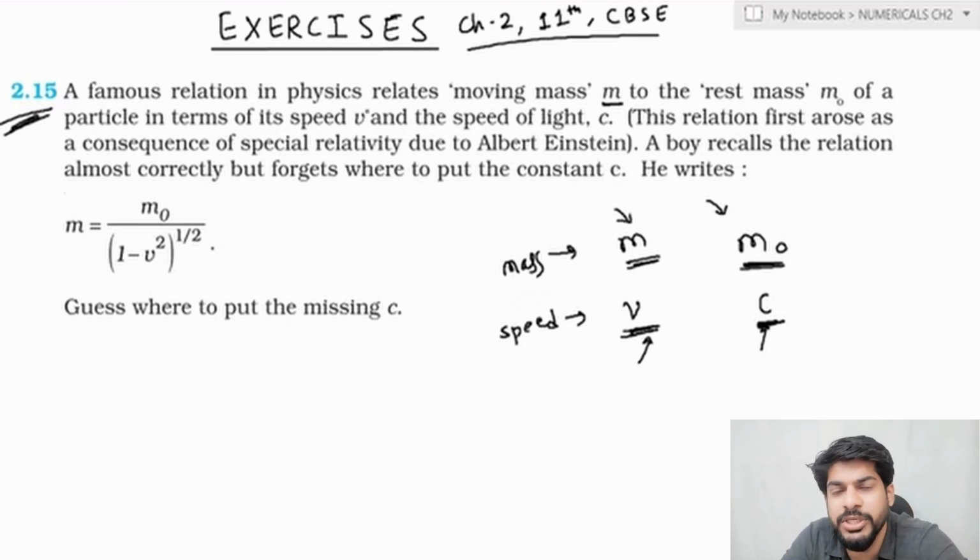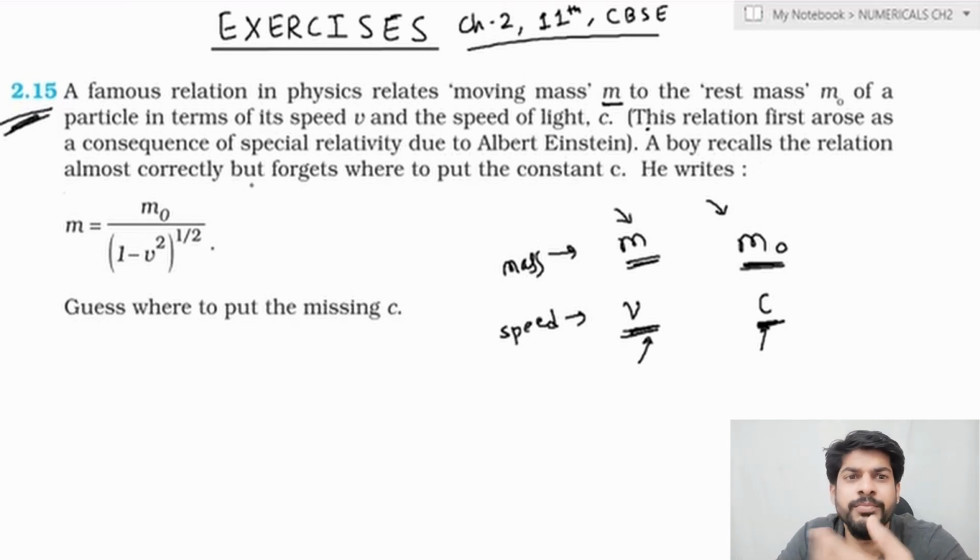There is actually a famous relation which relates all these quantities, which comes from Albert Einstein's theory of relativity. This relation first arose as a consequence of the special theory of relativity. A boy recalls the relation almost correctly.